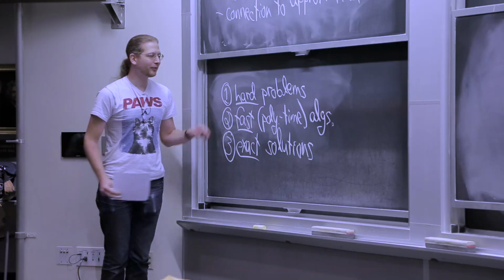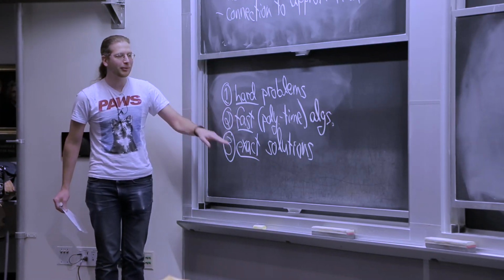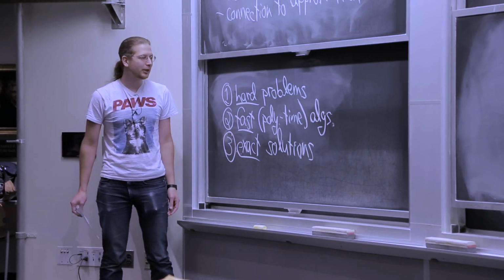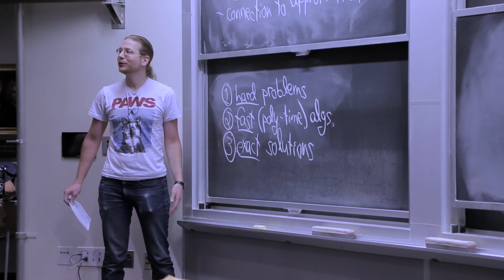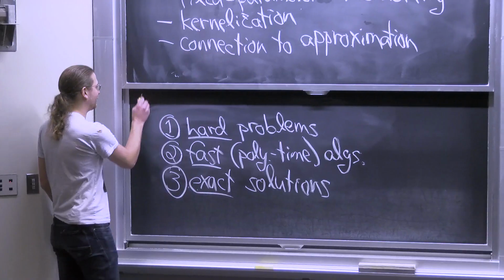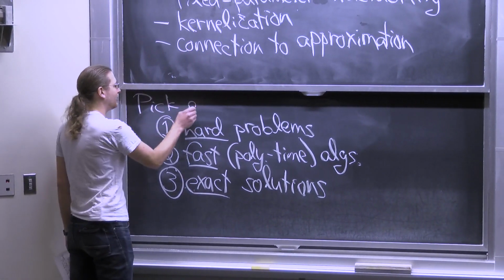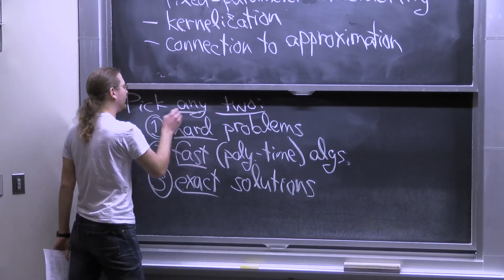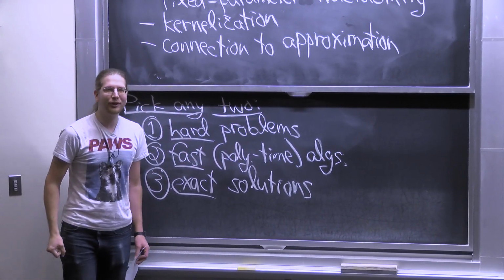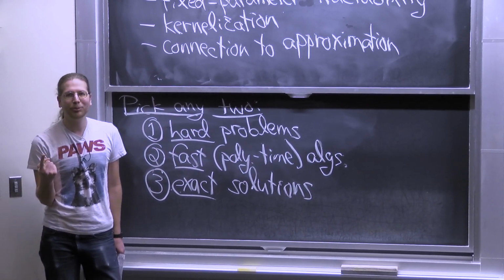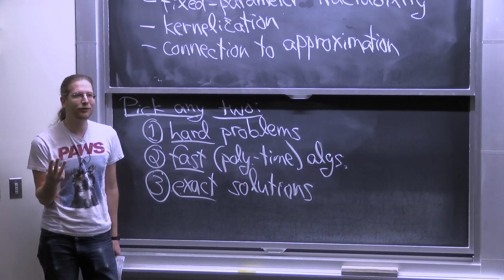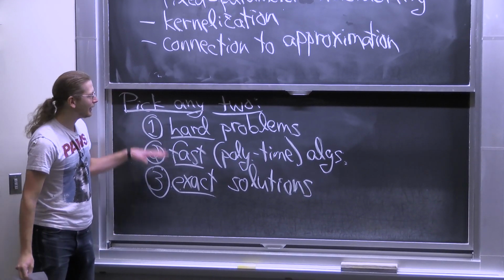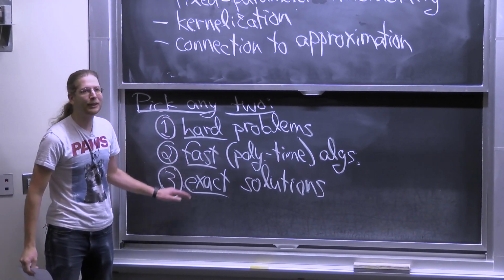We'd love to solve NP-hard problems in polynomial time exactly, but that's not possible unless P equals NP. So pick any two. That's the general idea. This is a bastardization of a joke, which is sleep, friends, work. Pick any two. That's the MIT motto. Here in algorithms, hard, fast, exact, pick any two.